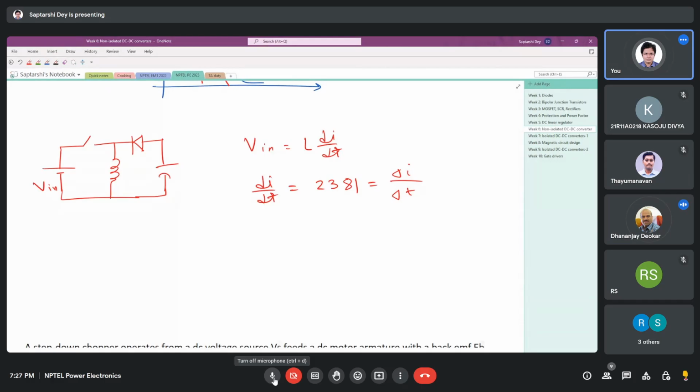The inductor value they have not mentioned. Sir, the inductor value is not given. It is an asked parameter. Okay, wait.